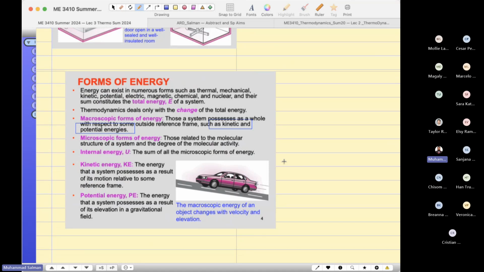We're not concerned with the microscopic. We're concerned with the macroscopic form, which has kinetic energy, potential energy. And if we go to the microscopic form, this is internal energy due to the molecules.